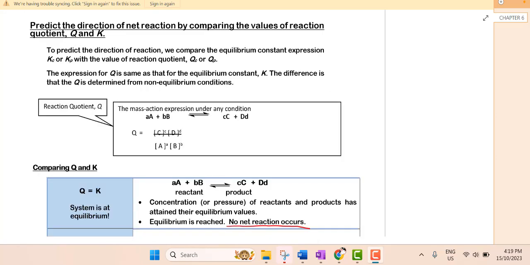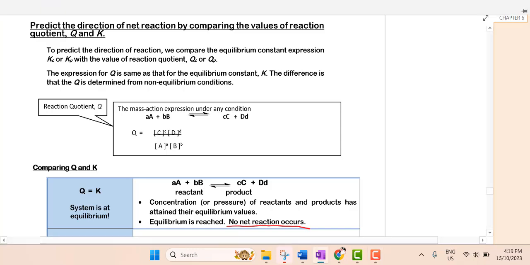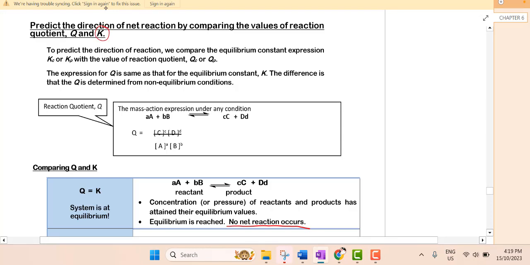Predict the direction of net reaction by comparing the values of reaction quotient Q and K. K is the equilibrium constant, the constant value at equilibrium.